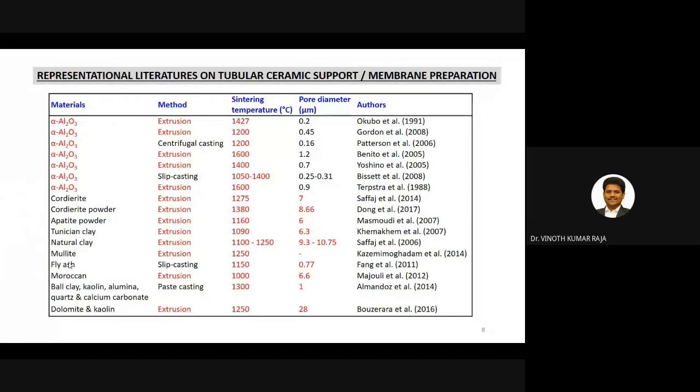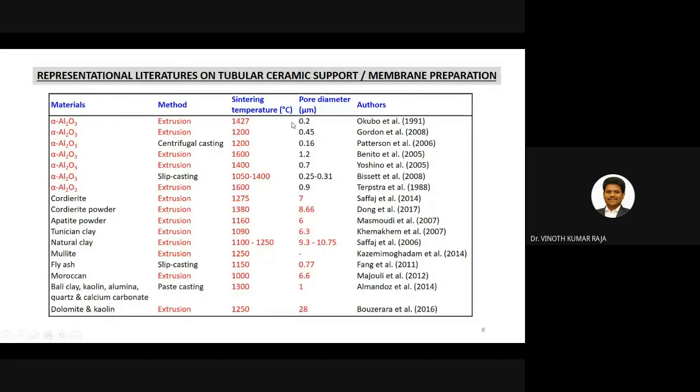If you look at the sintering temperature, 1200 degrees centigrade or above is still required for some of these alternative materials. Moreover, they couldn't get the appropriate pore size for suitable ultrafiltration or nanofiltration membrane. The pore sizes are quite big.